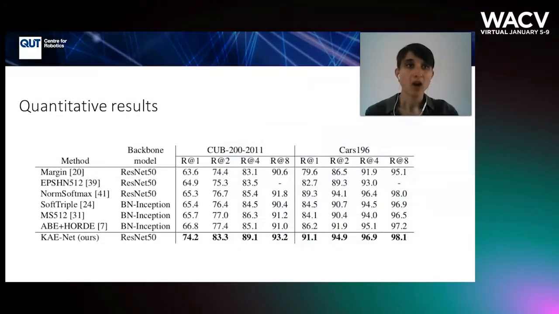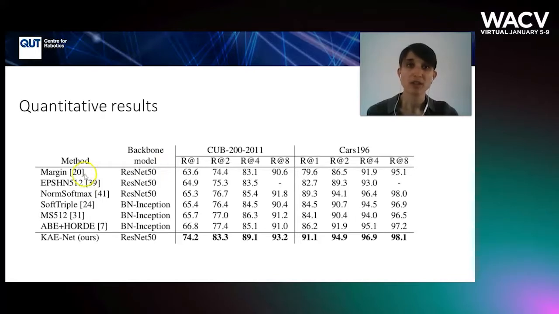We compare our KNet against the state-of-the-art for image retrieval on various datasets. For retrieval, the dataset is split into training and testing subsets with disjoint classes. The retrieval metric, recall at R, is the percentage of the testing examples whose set of R nearest neighbors includes at least one example of the same class.